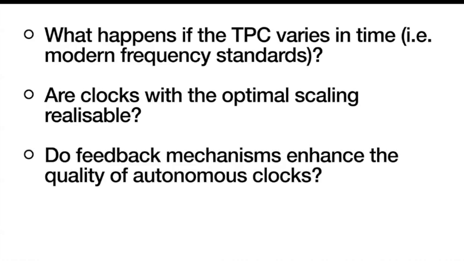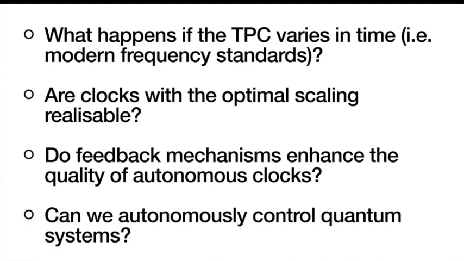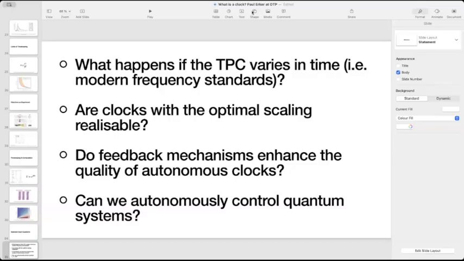And then something that optical or atomic clocks also rely on are feedback mechanisms, and this is something we also have not taken into account in an autonomous fashion yet. And then the last question, which I will actually answer: we showed that timekeeping affects the computation, so can we find an implementation where we control a different system?